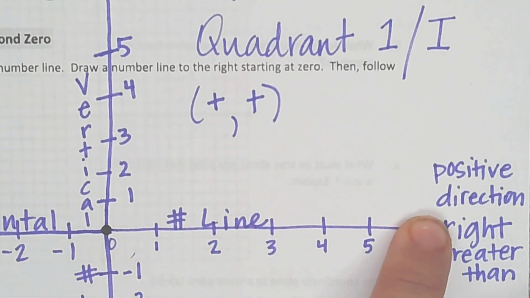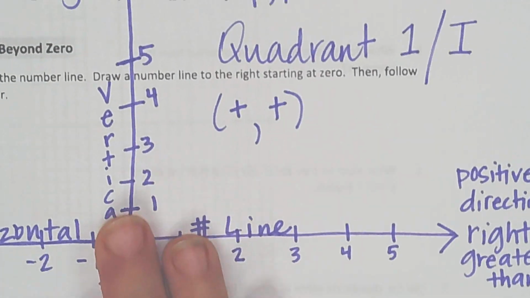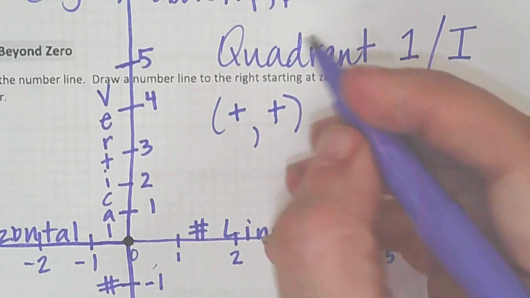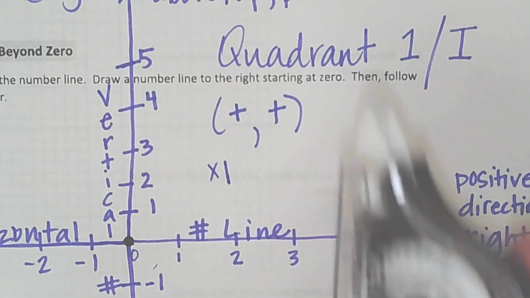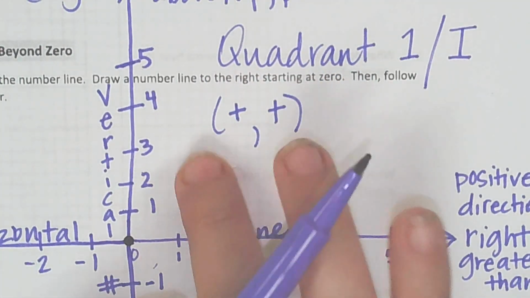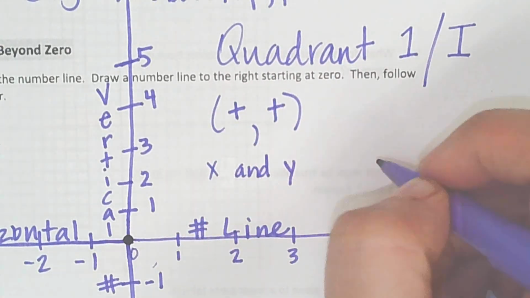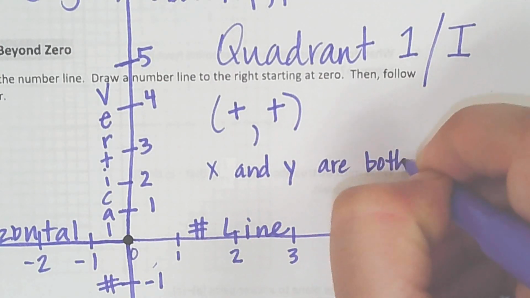We're going to run, and then we're going to what? Jump. Okay? For quadrant 1, our numbers are going to be positive and positive. So that means X and Y are both positive.